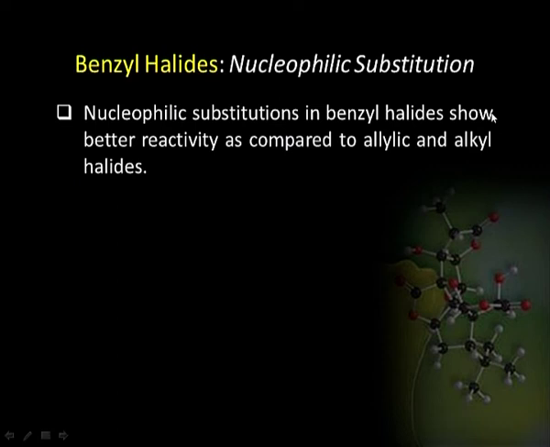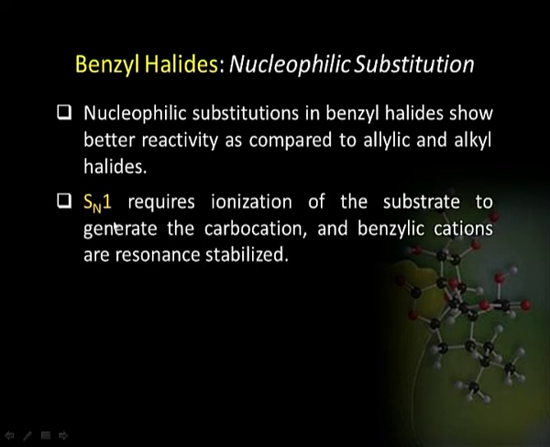The nucleophilic substitution in benzyl halides shows better reactivity as compared to allylic and alkyl halides. The SN1 in case of benzyl halides requires ionization of the substrate to generate the carbocation, and benzylic cations are resonance stabilized, therefore, they undergo reactions very easily.